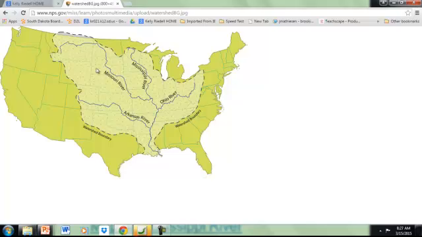This is where a lot of the farming takes place. If the runoff goes into streams like the Missouri, all of it is going to end up in the Mississippi River, and it's going to be dumped at the bottom, by New Orleans in the Gulf of Mexico.